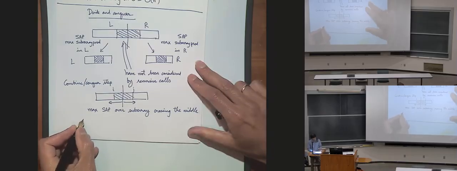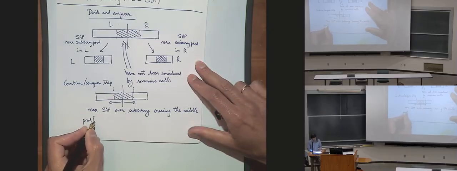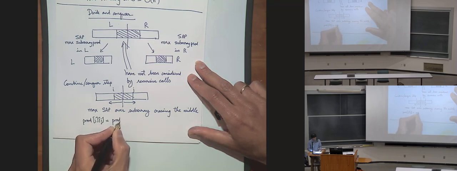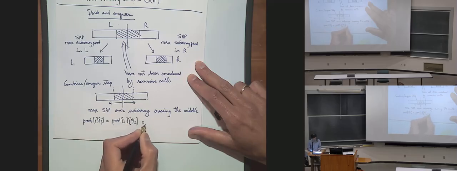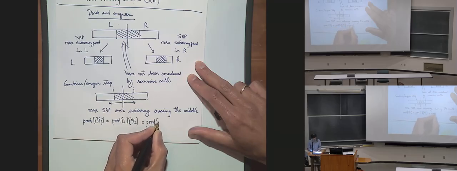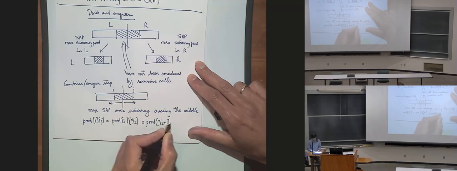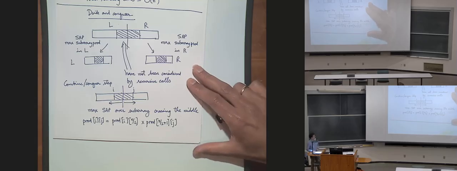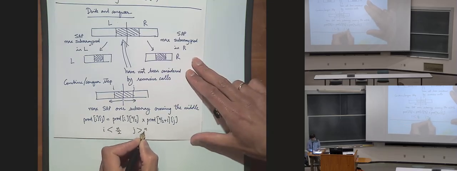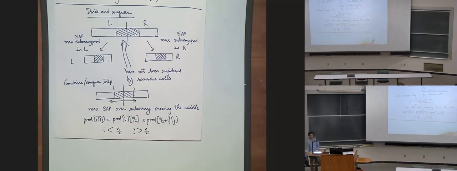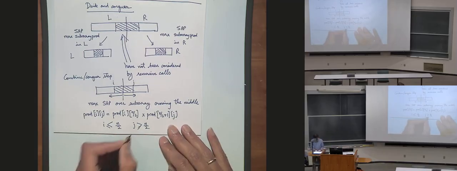So the product of ij is equal to the product of i to n over 2 times the product of n over 2 plus 1 to j. Why? Because i is less than n over 2 and j is greater than n over 2. Right? Because it's crossing the middle. And if it's exactly n over 2, it's one element, then it's easy. Okay, so there you go.